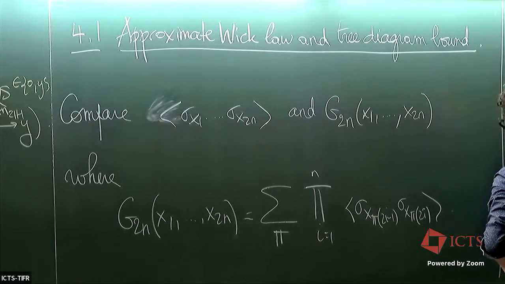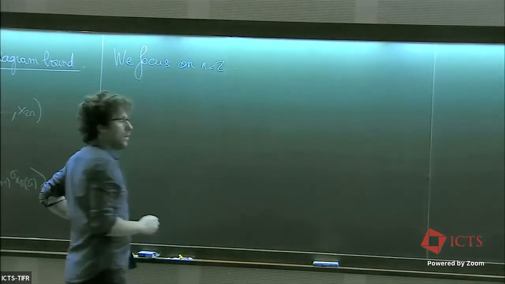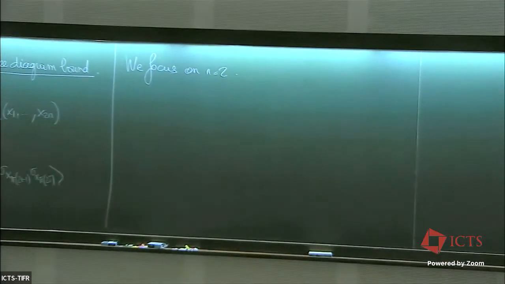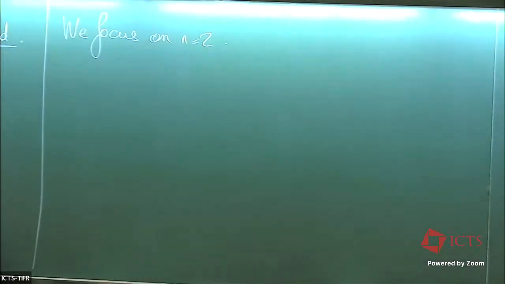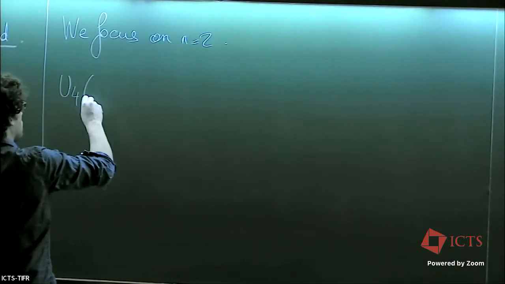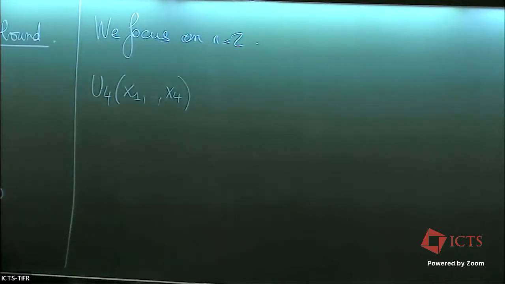You have to trust me that, in fact, I will actually give you the inequalities that allow you to go from n equal 2 to general n. So for n equal 2, we have a special notation that I want you to know. It's called U4.